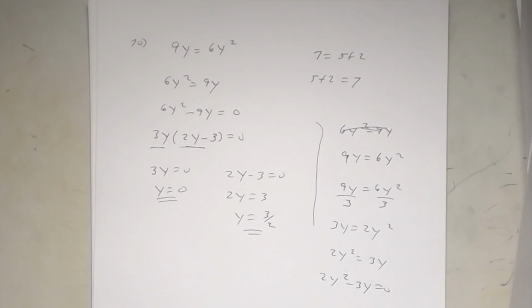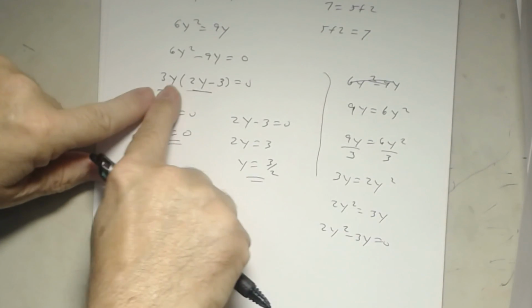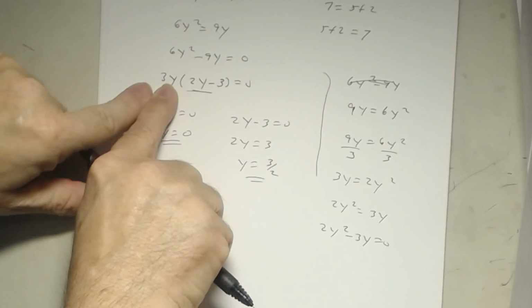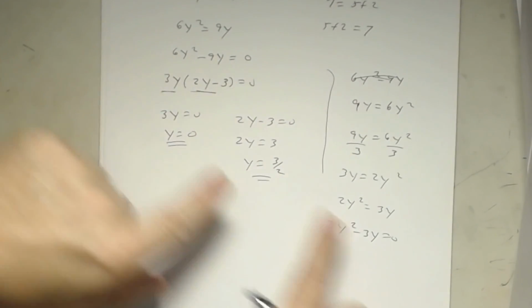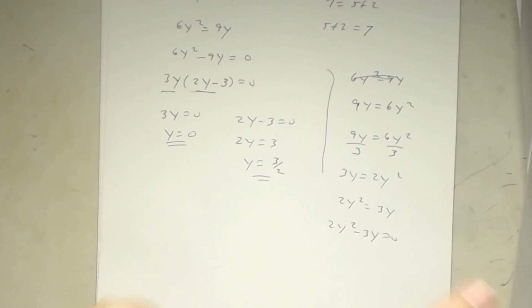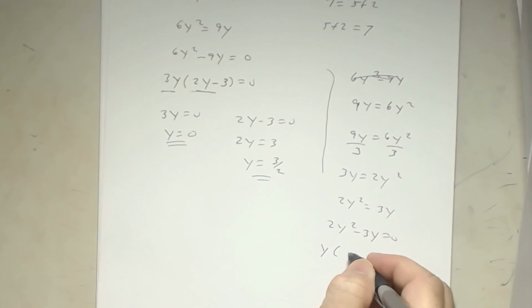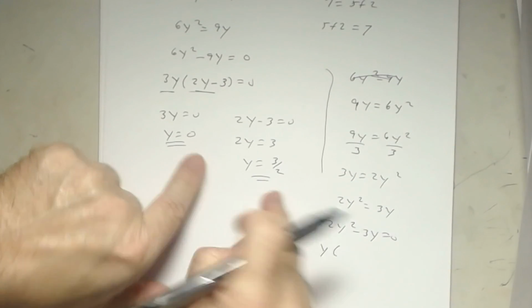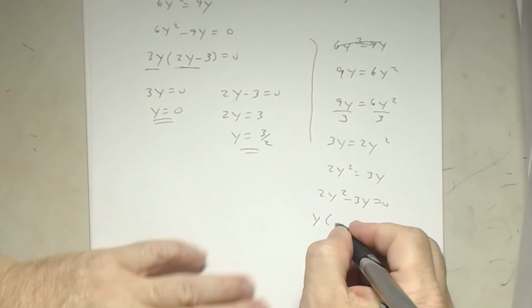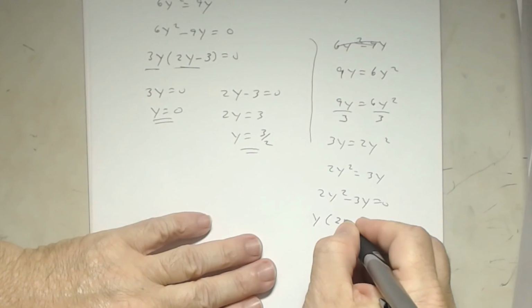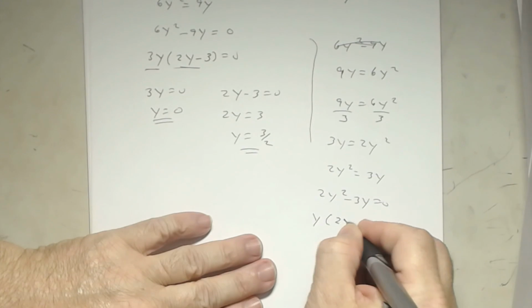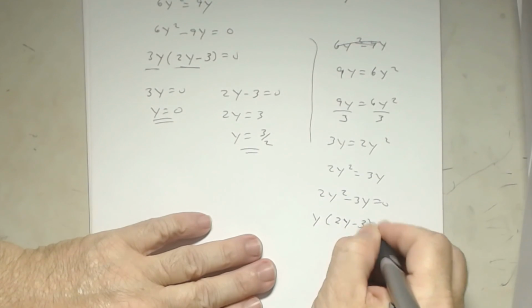Now what's the next step? Set each factor. No, you have to factor first. GCF. So what's the GCF? y. Here, the GCF was 3y. Here it's just y. So notice the difference. But it doesn't matter. You're still going to get the same two solutions. So y times 2y minus 3.